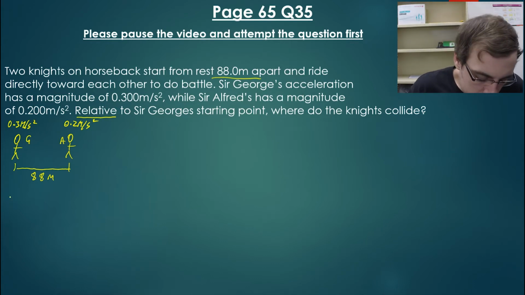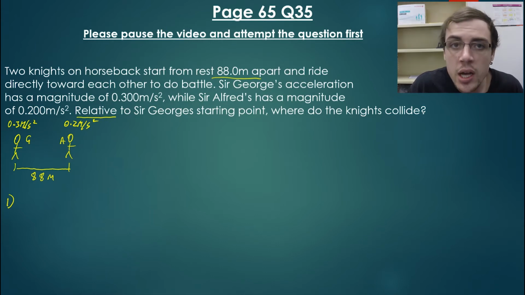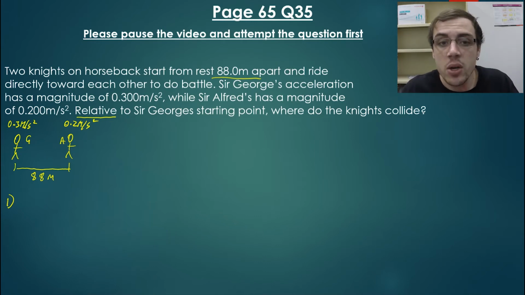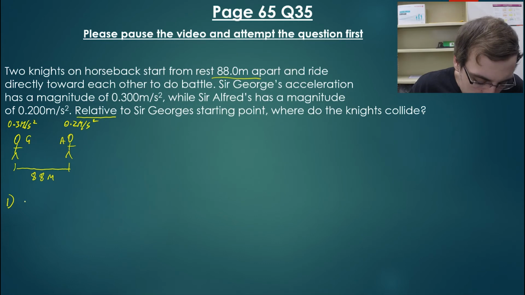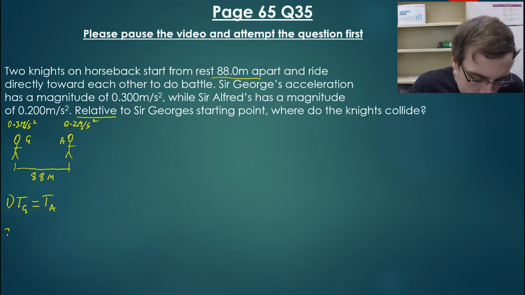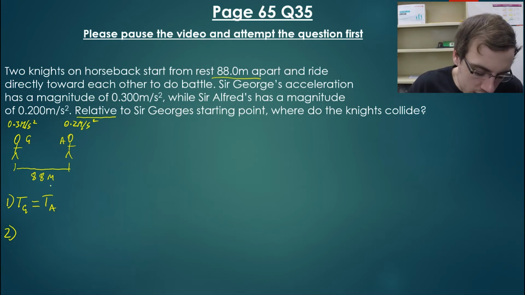So the first assumption is that the time for both of these people, for George and Alfred charging each other, is going to be the same. Why? Because they're both going to hit. So it means their time is going to be equal. So we know that the time for George is going to equal the time for Alfred. The second assumption that we can make is that we look at our total displacement.